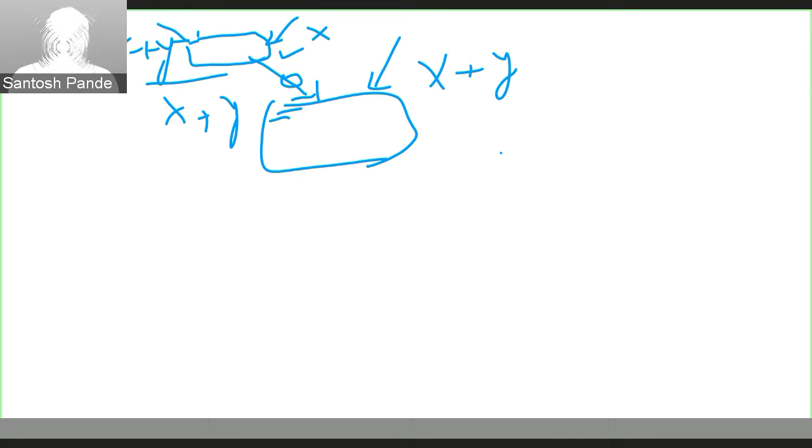Now, if you place it at the circle point, the x plus y available on the leftmost edge would have come in here and made the newly inserted x plus y in the circle redundant. So partial redundancy is not solved here, because you just moved the problem of partial redundancy one level up. You are still suffering from it being available on one side and not on the other side.